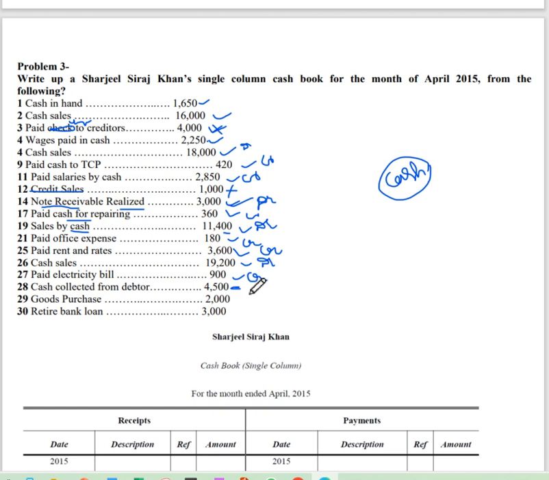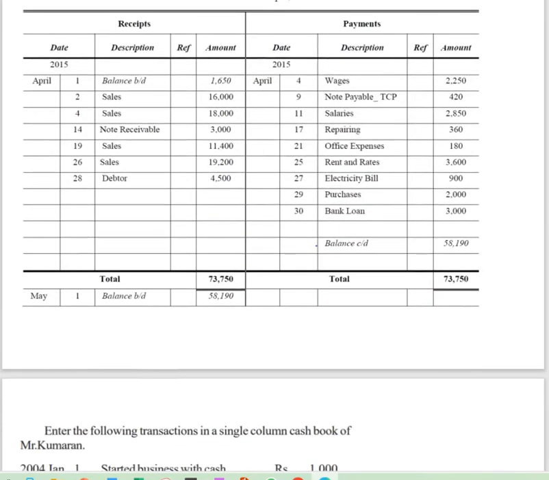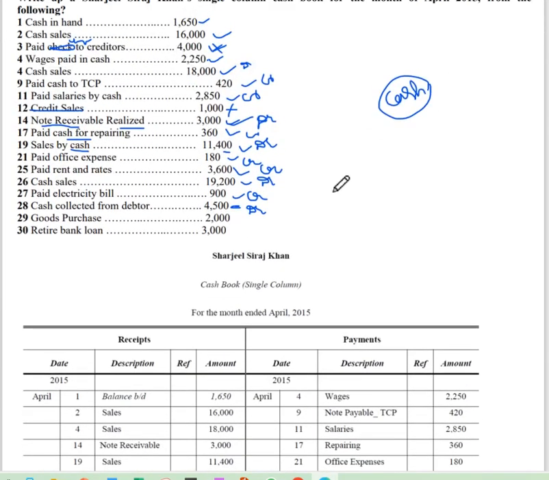That means cash receipt, that should be debited. Next, goods purchased. We have purchased goods worth 2,000 rupees on 29th. We are considering this as a cash purchase, so that needs to be credited.